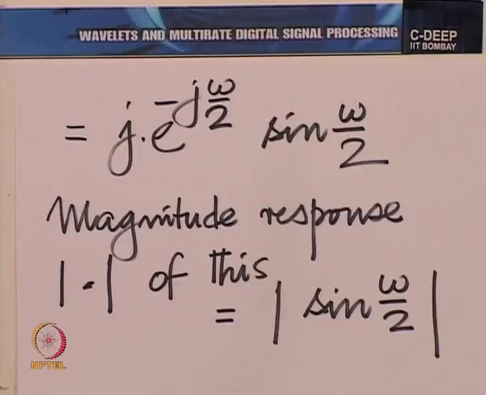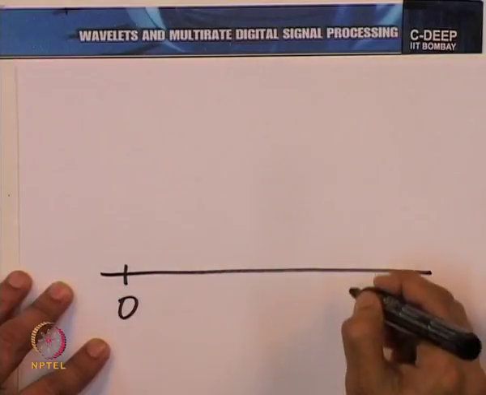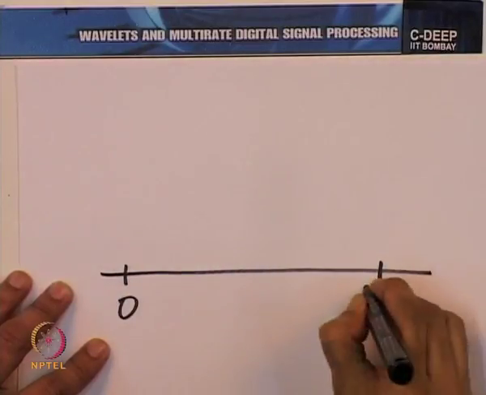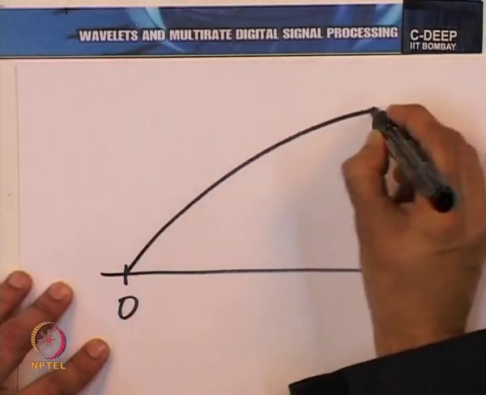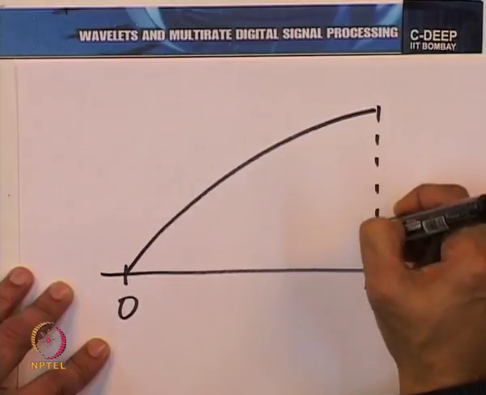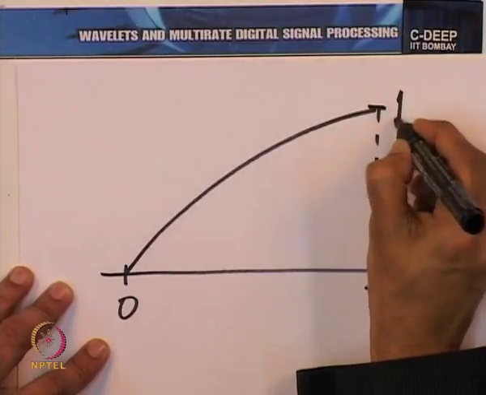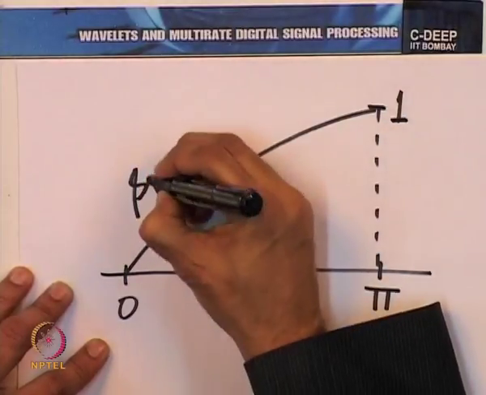Let us sketch the magnitude response as a function of omega. Again we will sketch it only between 0 and pi for the reasons that I have just explained. So, it will have an appearance something like this. This is going to be 1 here, this is mod sin omega by 2.